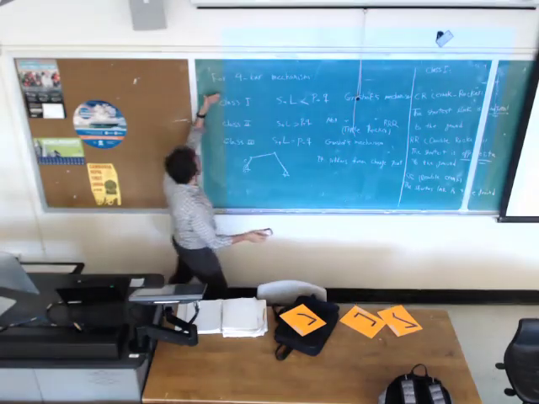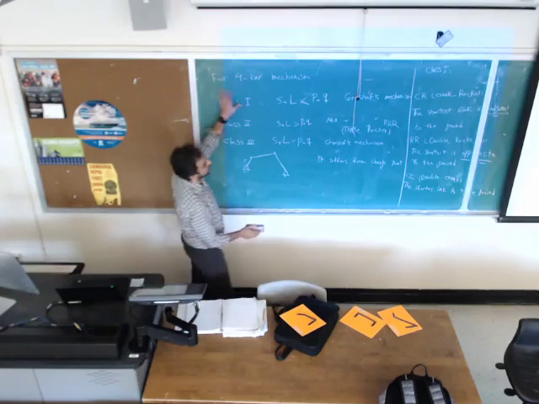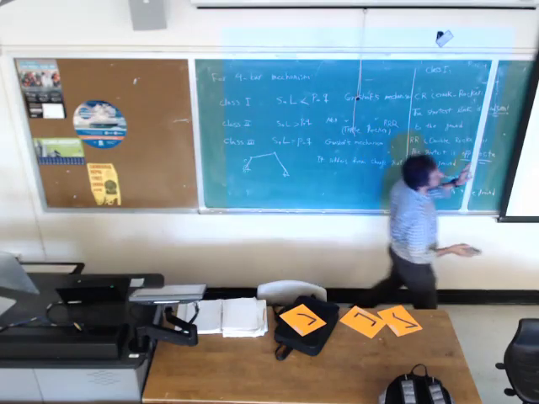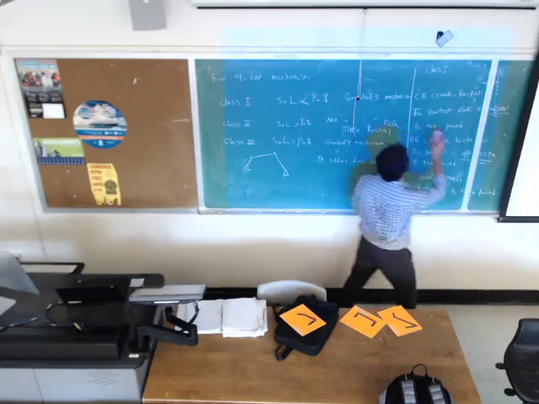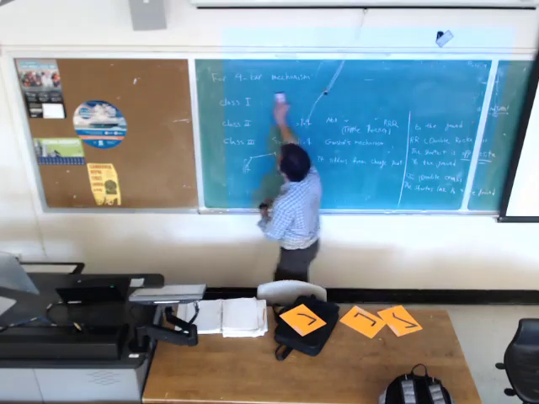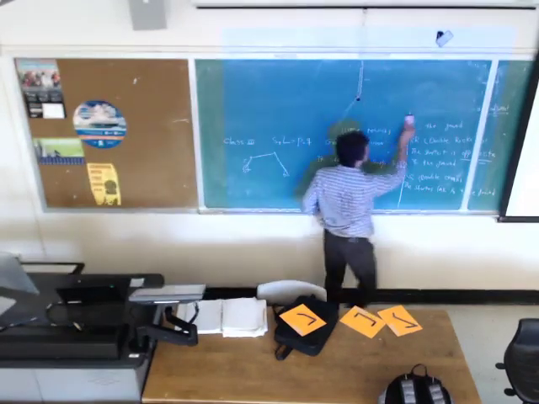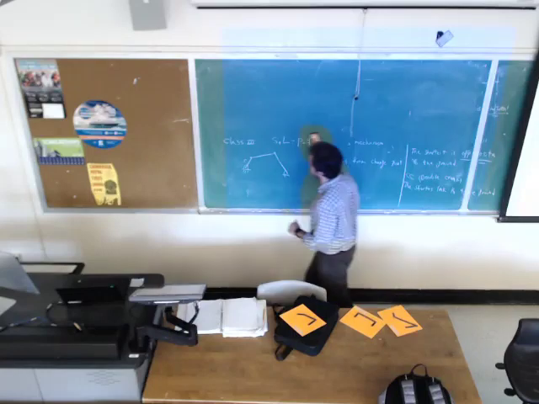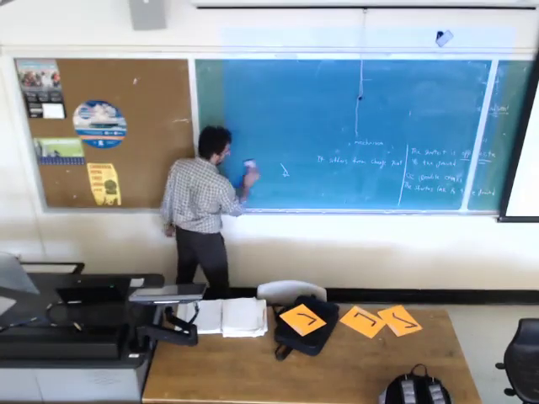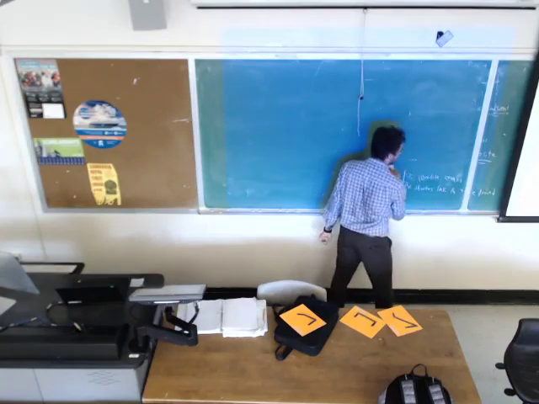So as I said, these classes are valid for 4-bar mechanism. So the ratio criteria is valid for 4-bar mechanism. So now let's talk about mechanical advantage. I'm going to define several terms, so make sure that you don't get confused.